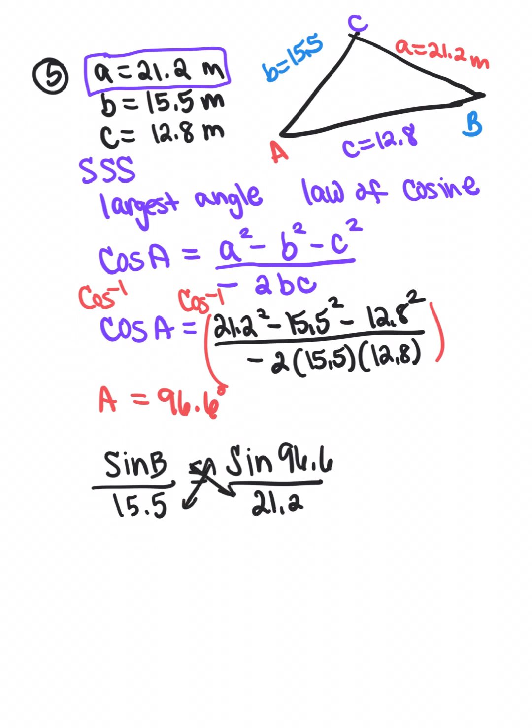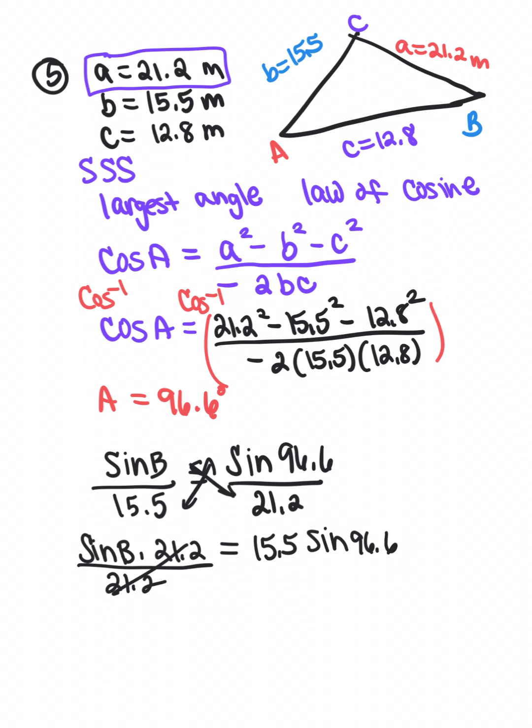Cross multiply and solve. So we have sine of B times 21.2 is equal to 15.5 sine of 96.6. And we're going to divide by 21.2.